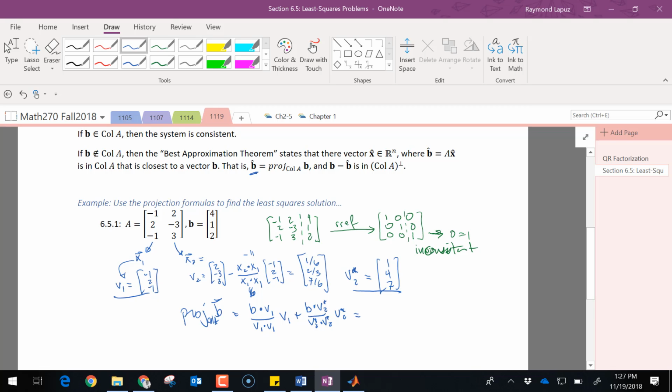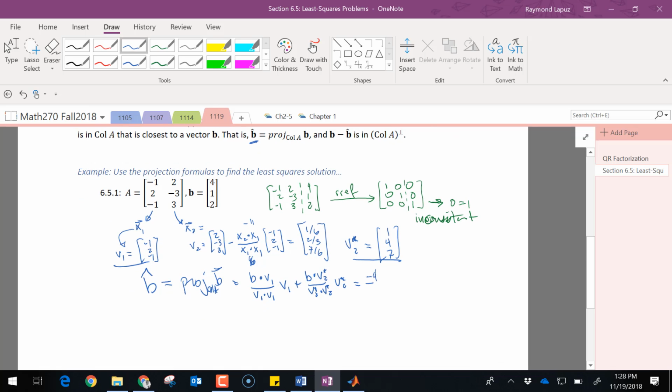So this will be your b hat. This is equal to b times v1, that's -4, plus 2 minus 2. So that's -4 divided by v1 dot v1, we did that already. That's 6.